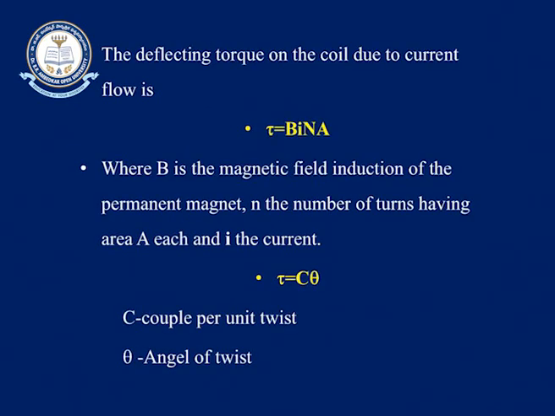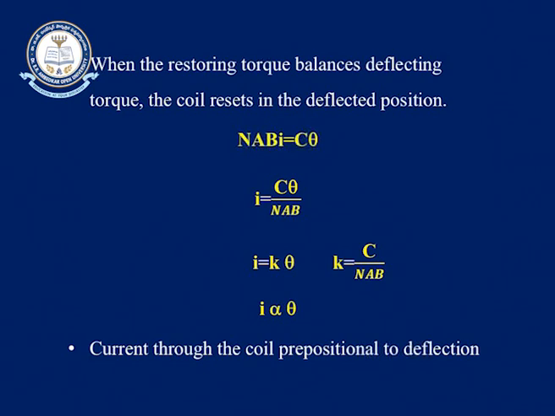So here torque is produced. The torque I take as B times I times NA. What is B here? Magnetic field, I is current, N is number of turns and A is the area of cross section. Using this I calculated current equals C theta by NAB.